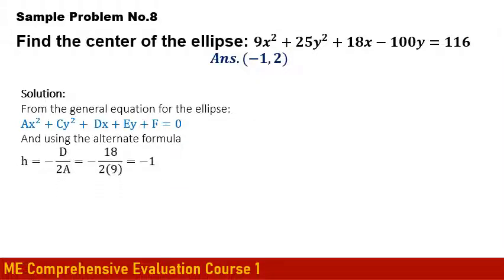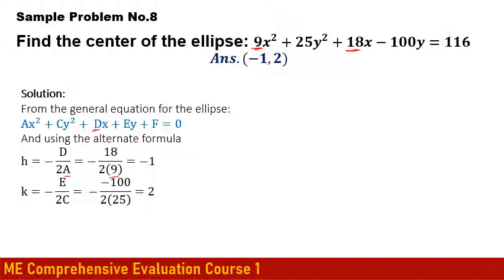Here h is negative D over 2A. D is the coefficient of x, so from our equation that is equal to 18. A is the coefficient of x squared, and that is equal to 9 here. Then for the value of k of the center of the ellipse, that is negative E over 2C.